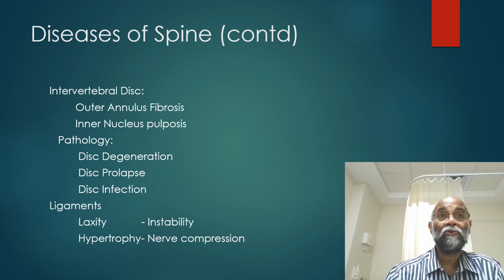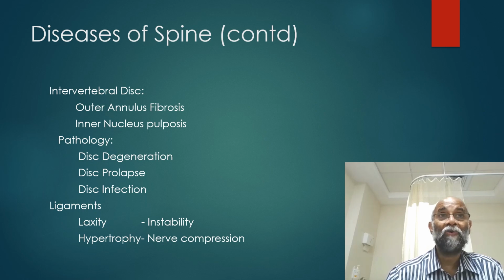With injury, you can also have a disc prolapse, where there is a rent in the annulus fibrosus and part of the pulposus protrudes out. Disc infections can produce discitis, which is an extremely painful condition in the acute stage. Sometimes you have chronic infections where the pain is not so much.